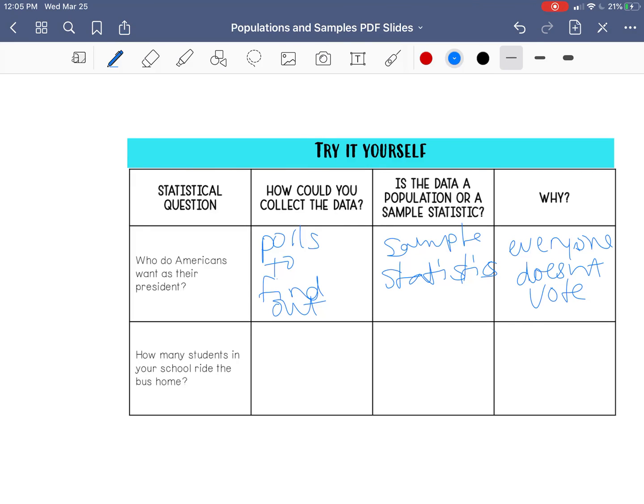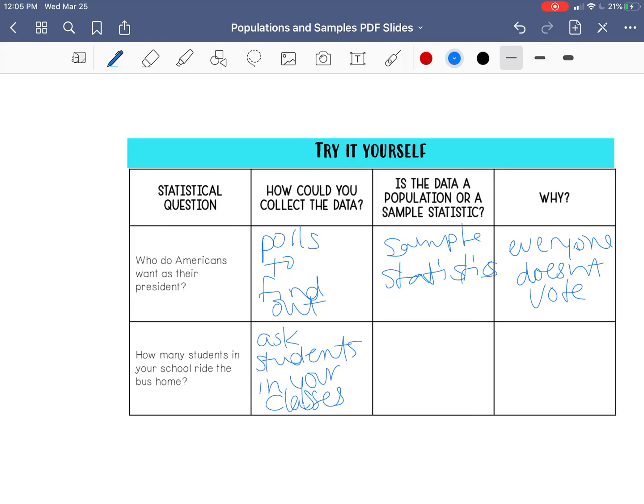And then, how many students in your school ride the bus home? Well, it's not feasible for us to ask every single student in the school if they ride the bus home or not to find out how many. So I would say we could just ask students in your classes.